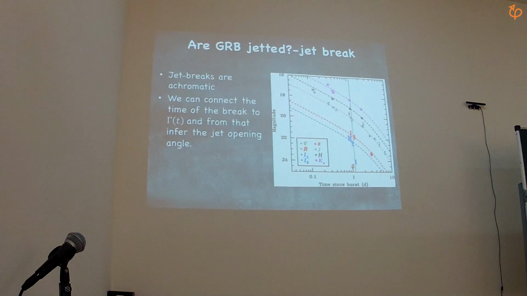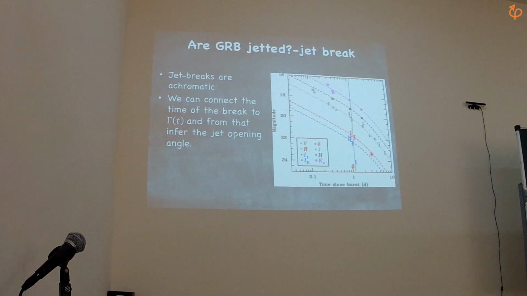The cone, which is its opening angle, at the time when the jet break occurs, if this is the observer, I see the entire shell. My theta is equal to 1 over gamma. And since I see the entire cone, this is the actual opening angle of the jet itself. So if I know what this is, I know the exact opening angle of the jet.